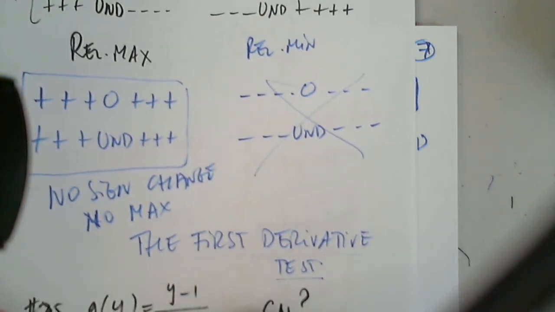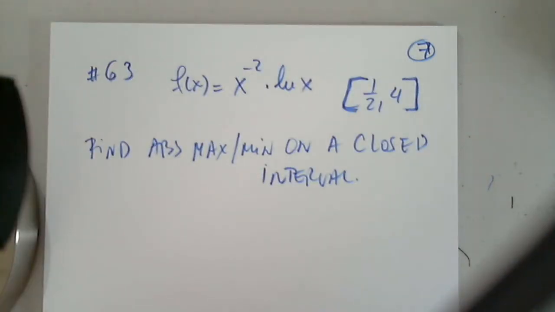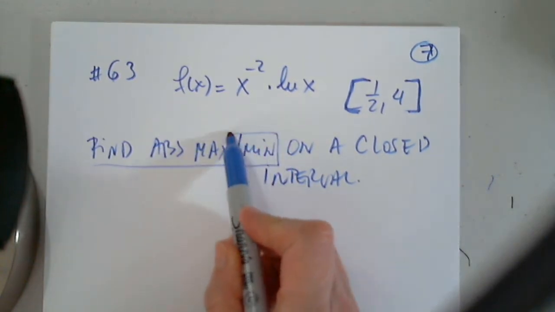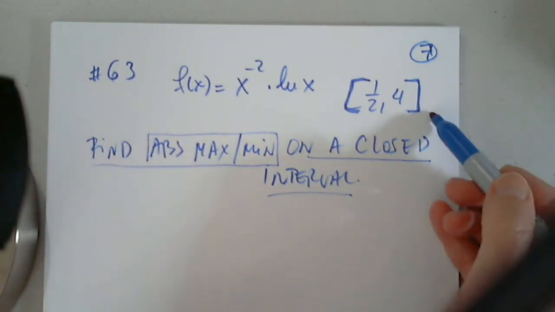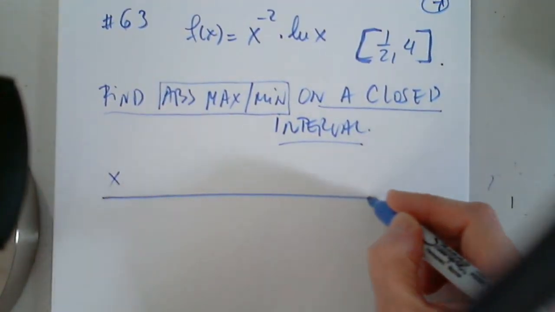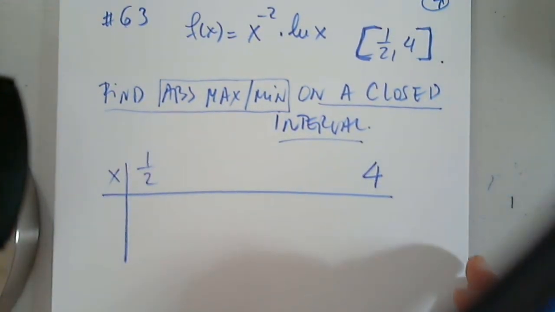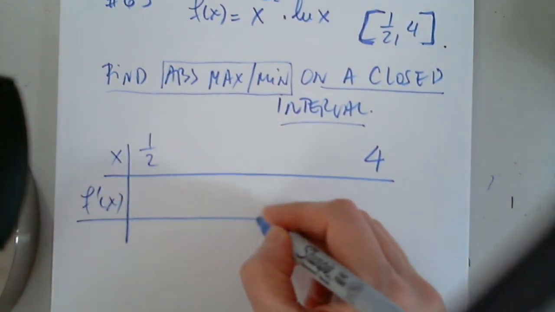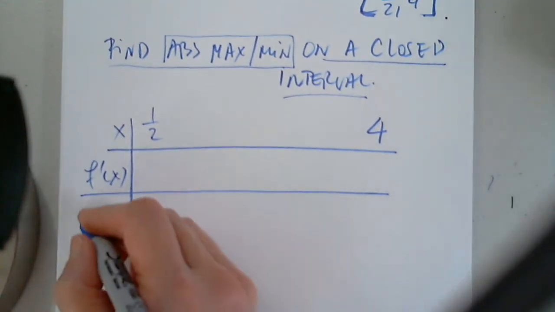The domain was not restricted, so we looked at the entire domain. But here, the question is different. They're asking us to find absolute max and absolute min on a closed interval, and the closed interval is given to us. In that situation, I am restricted to this interval. I don't care where the function is defined, but I do know that my analysis has to be on the interval 1/2 to 4. That's what we are given.